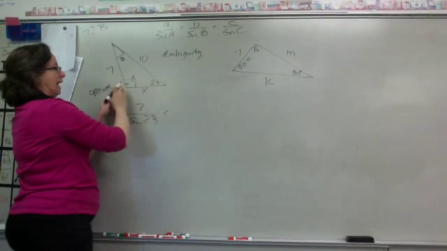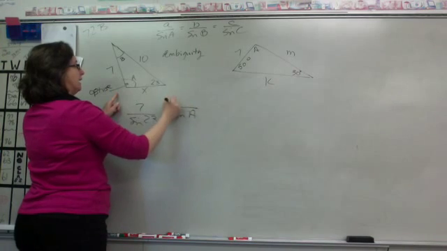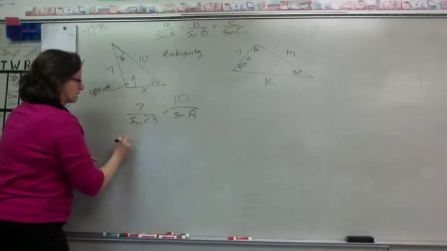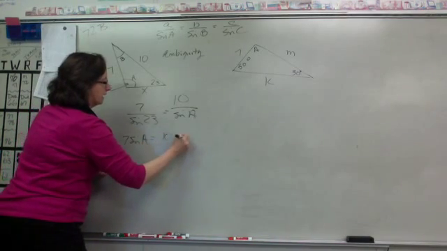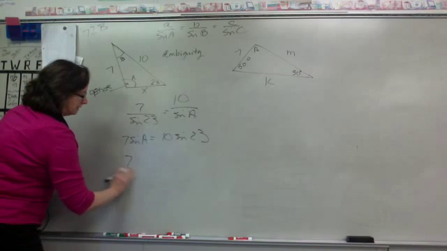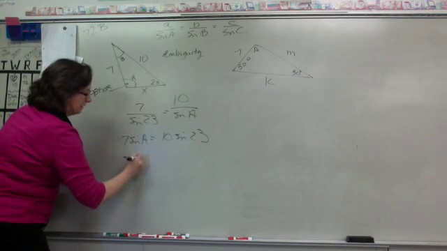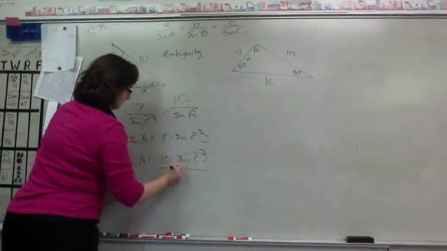The A is obtuse, so we've got sine A on one side and 10 on the other side, and then when we cross multiply, 7 sine A is 10 sine 23, we get sine A is 10 sine 23 over 7.